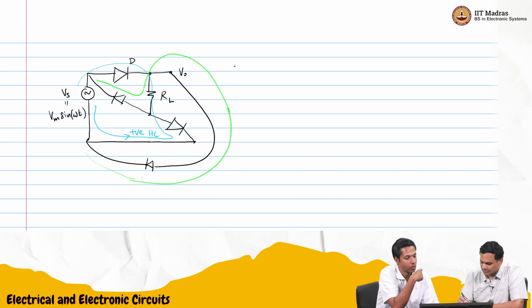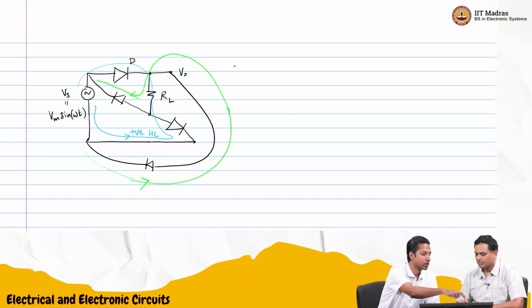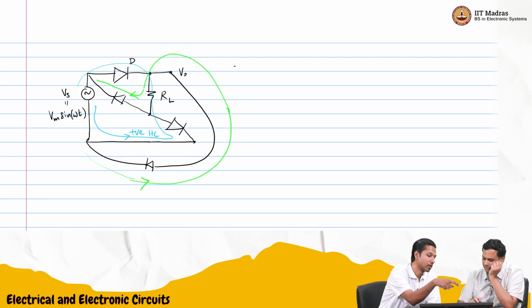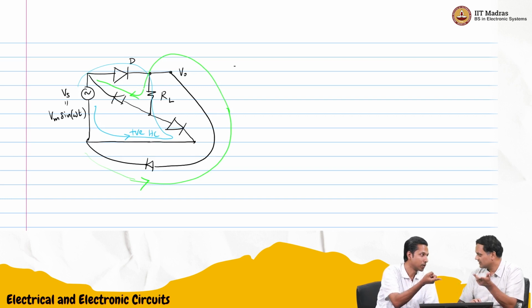Is this correct? This diode is correct, but this one cannot, no? Well, correct. So in the negative half cycle, the bottom is more positive than the top. The top, correct.